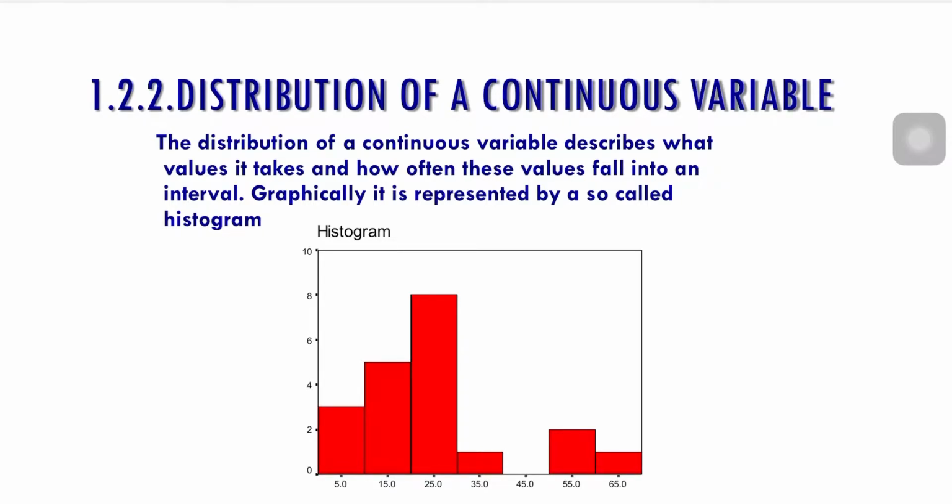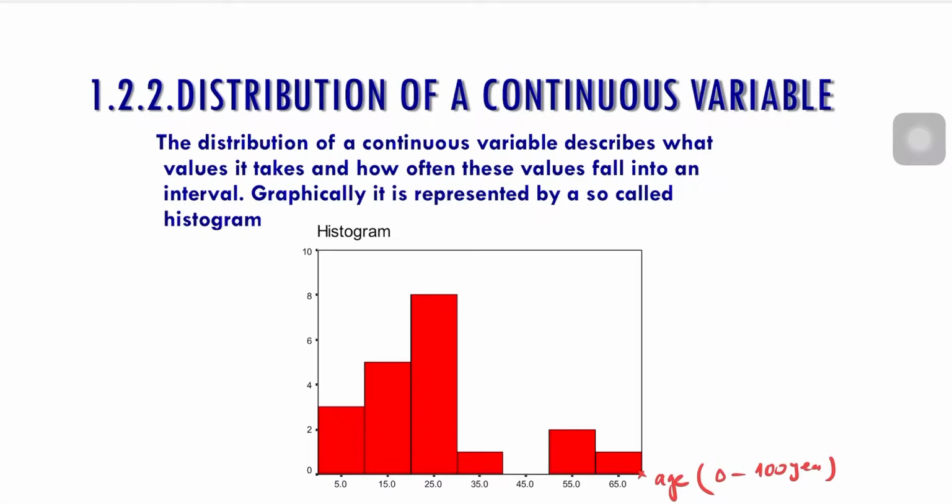As you see here in this age set, age is a continuous variable because it can start from 0 until 100 years or more. But in our example we use from 0 to maybe 70 years, and we show in the histogram the number of this type of patient in the clinic.